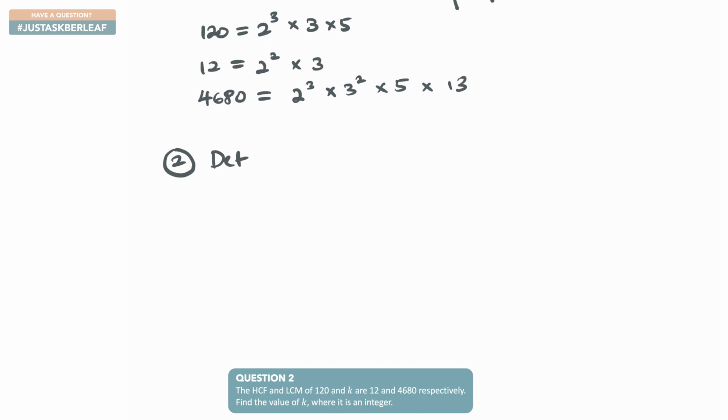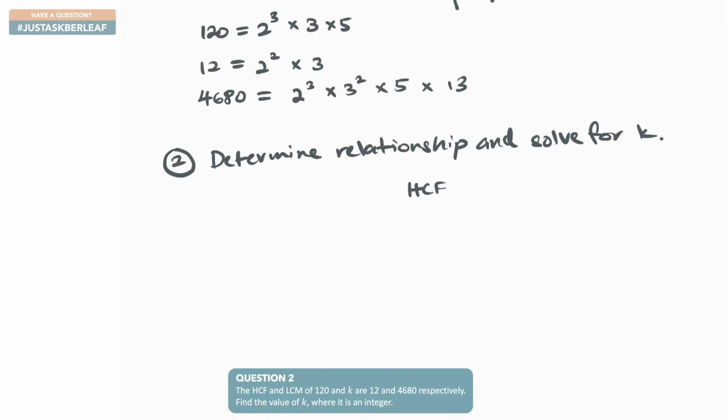where we will start off with determining the relationships between the numbers and k, and thereby solving for k via a logical deduction. Alright, so let's look at all pieces of information and see how they connect with one another. Now we will start off by listing out the obvious, which is that the HCF of this entire question that we are looking at is actually 12, right?